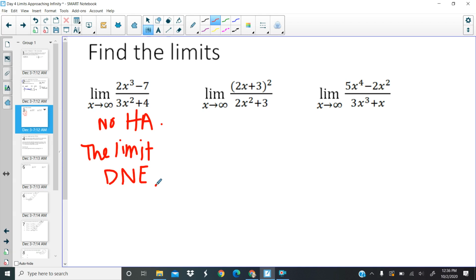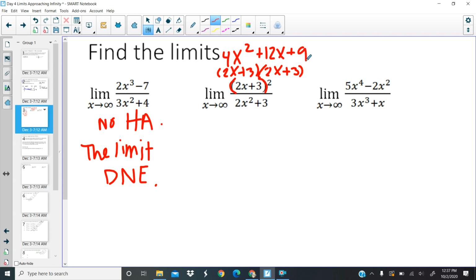Moving on to the second one, you have 2x plus 3 all squared over 2x squared plus 3. Keep in mind that 2x plus 3 squared would really be 2x plus 3 times 2x plus 3. If you worked all of that out, then that numerator really would be 4x squared plus 12x plus 9.